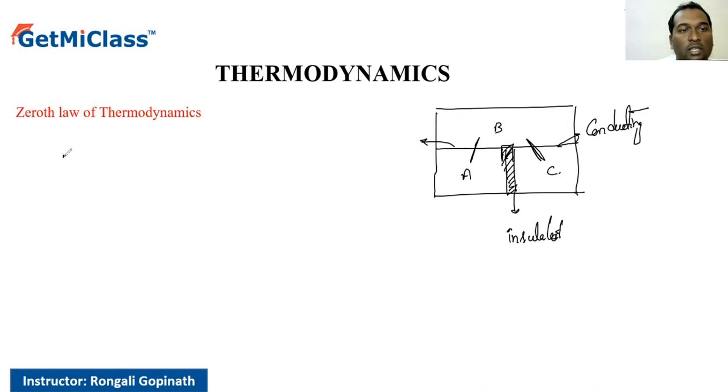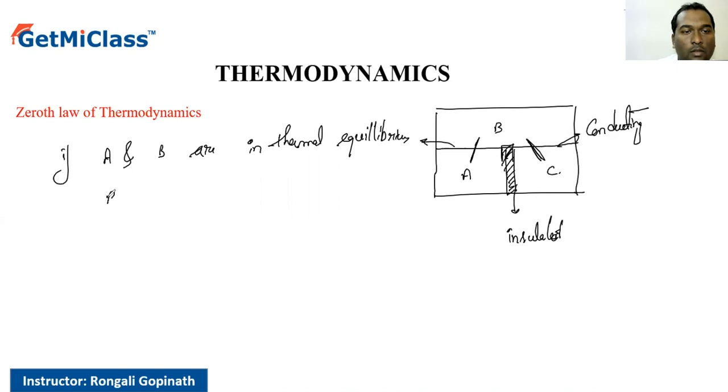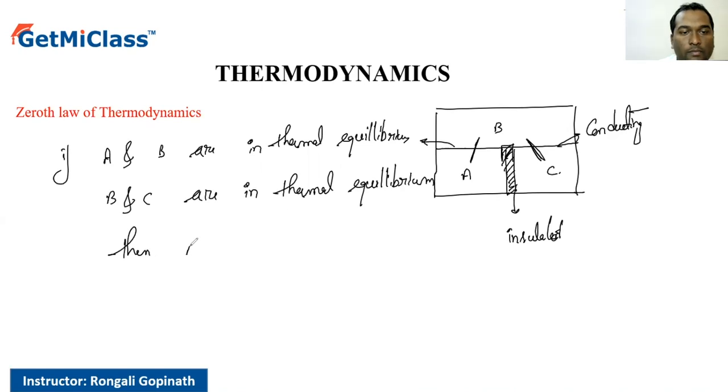Simply, the zeroth law states that if A and B are in thermal equilibrium, B and C are in thermal equilibrium, then A and C are also in thermal equilibrium.